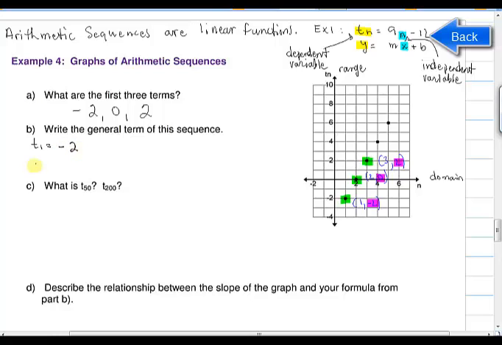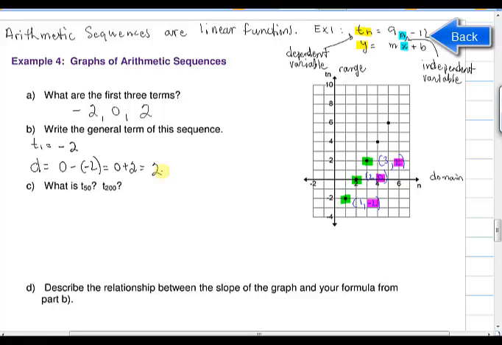And we can calculate D because we have consecutive term numbers, so I can just go T2 minus T1, so 0 minus -2, which gives me 0 plus 2, which is 2. And so T1 is -2 and D is equal to 2.